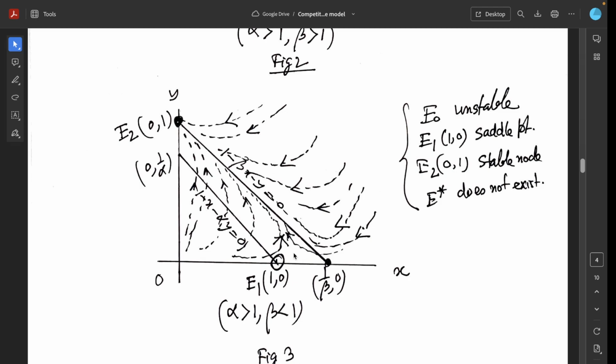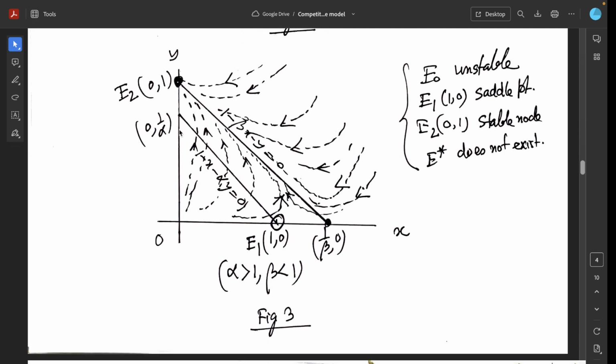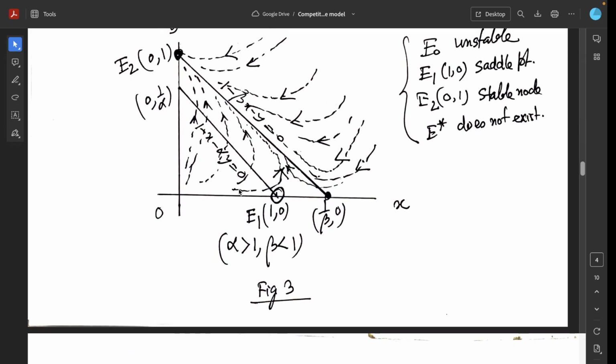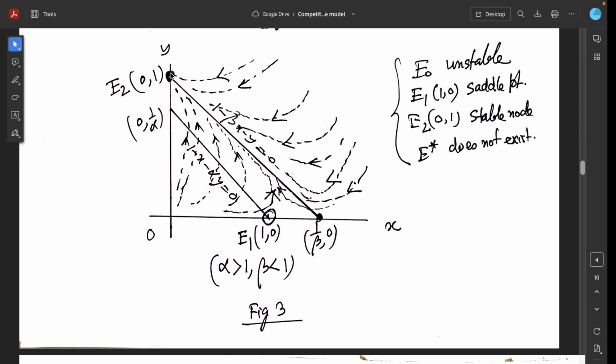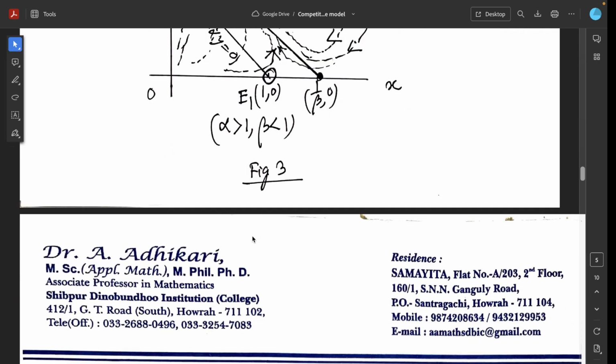E1 is a saddle node, so the trajectory goes to the point E2 from this saddle node, and E0, that is 0, is also unstable and goes to E2. All trajectories go to E2 as time t tends to infinity. From this diagram, species 1 goes extinct and species 2 goes to the carrying capacity, so species 2 exists in this case.